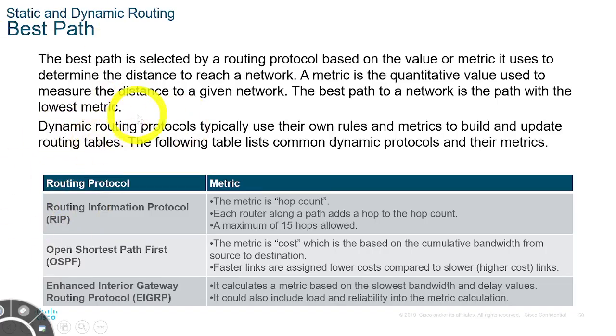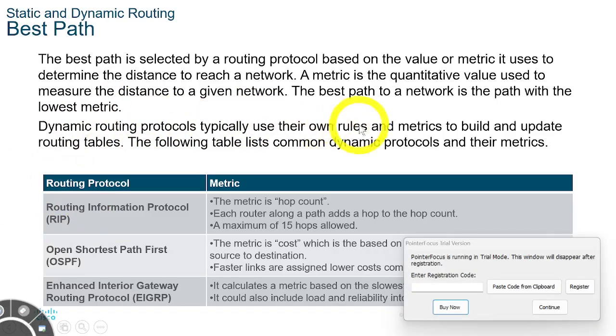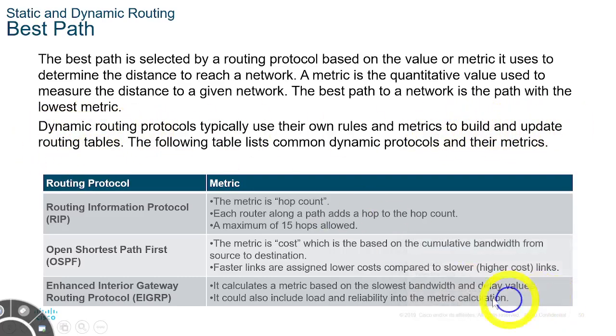However, dynamic routing protocols typically use their own rules and metrics to build and update their routing tables, okay? So the following table lists common dynamic routing protocols and their metrics. Routing Information Protocol, RIP, uses hop count.